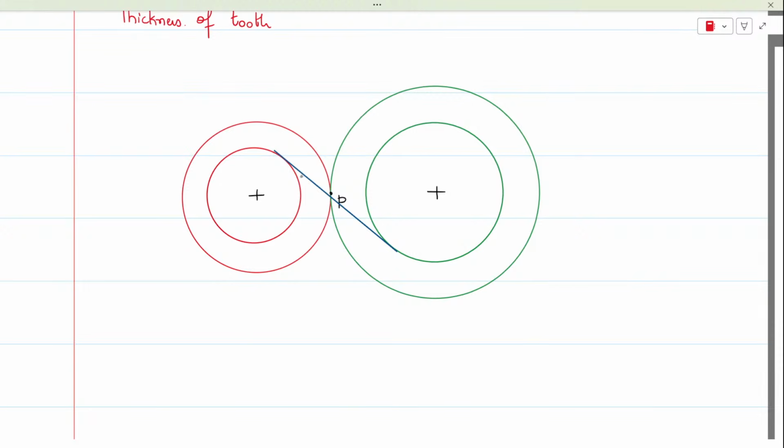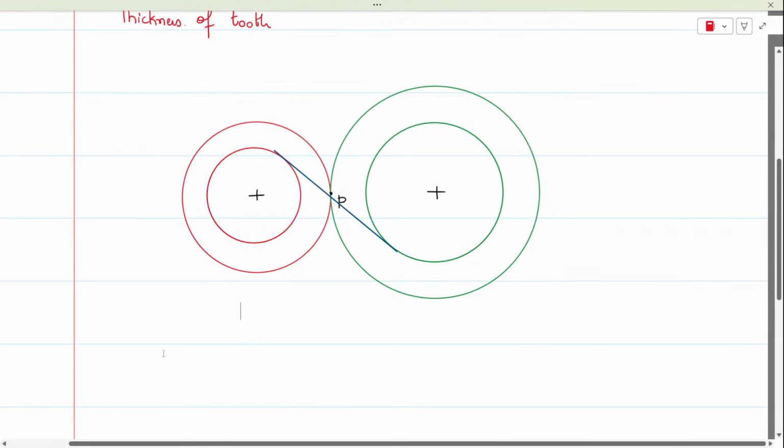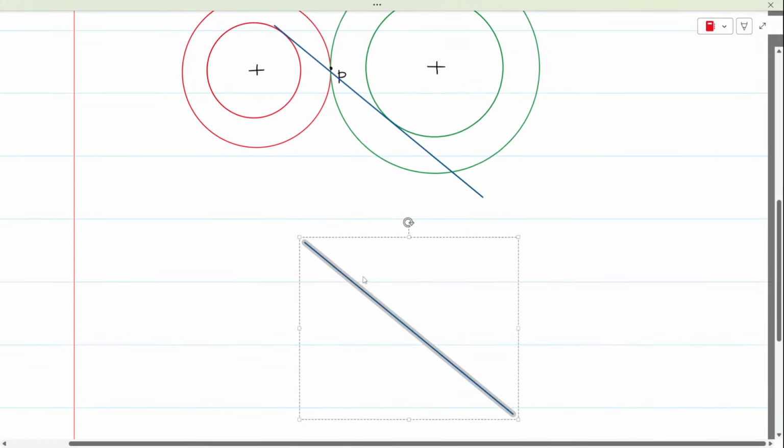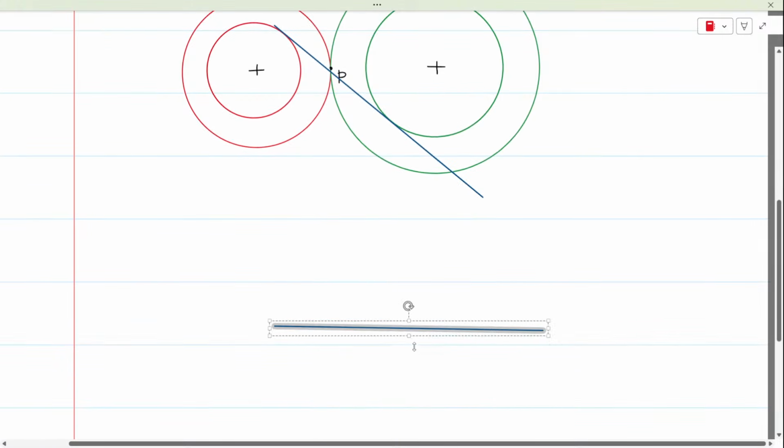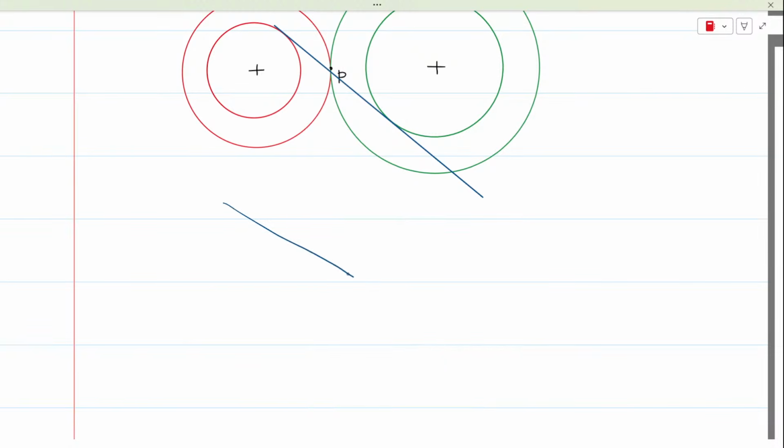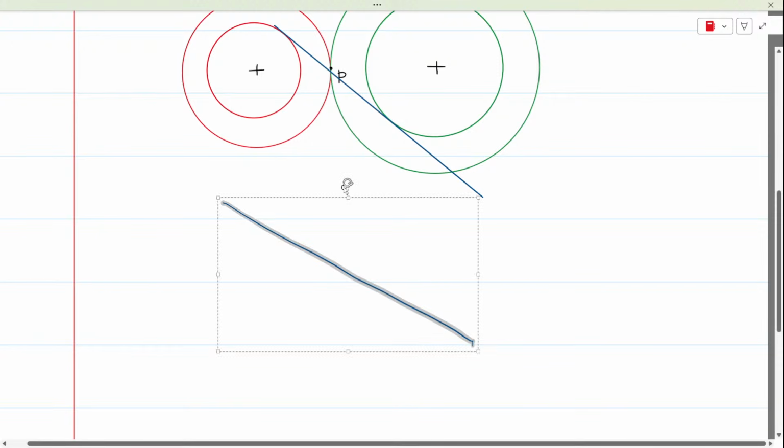If you try to understand, this is a thread which is getting transferred from the red color spool to the green color spool, from one spool to another. If I take this line and make it horizontal, let's say this is some rough line.